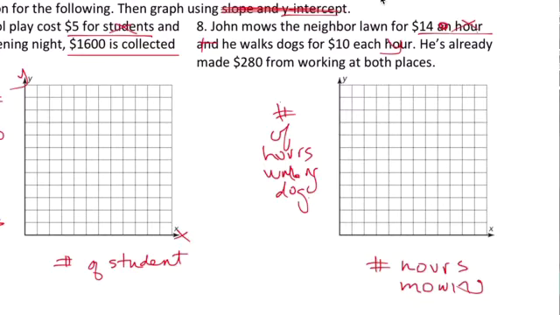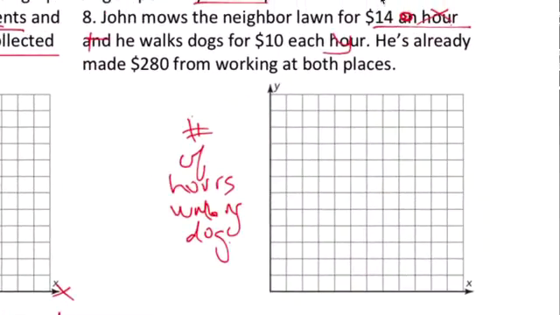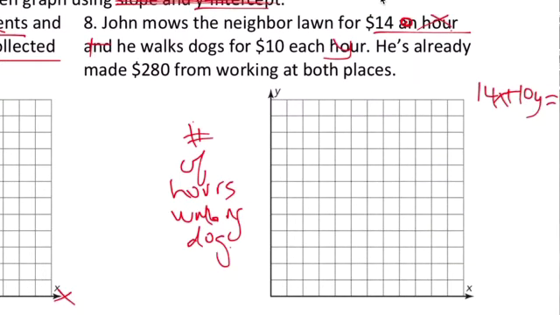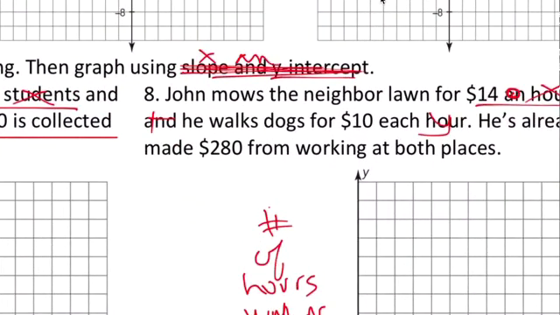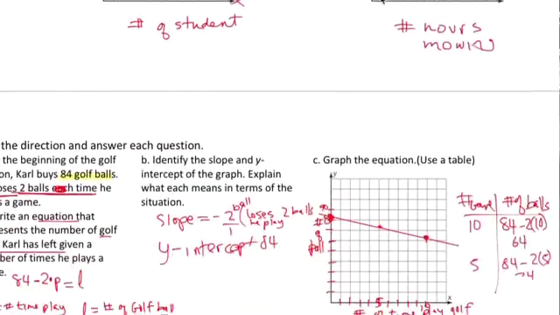Okay, he already made that much money, so we're working in both places. 14x plus 10y equals 280, okay? And then use the cover method, not this. X and y intercept, okay? Glad I went over this. Not slope-intercept form. All right, and then the rest.